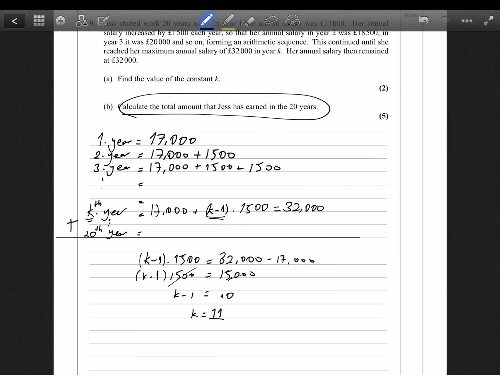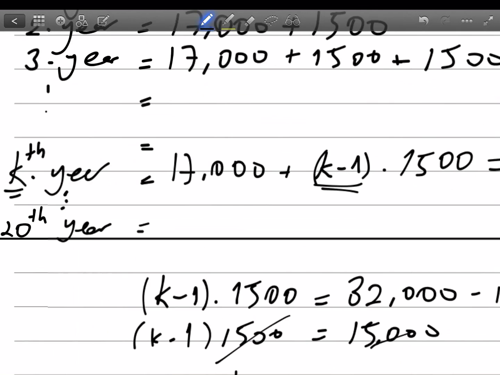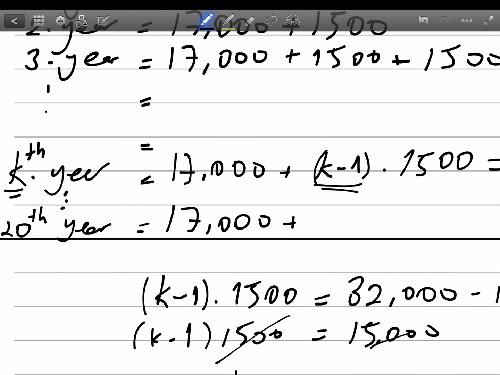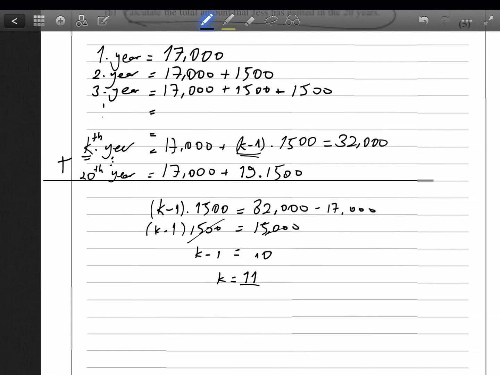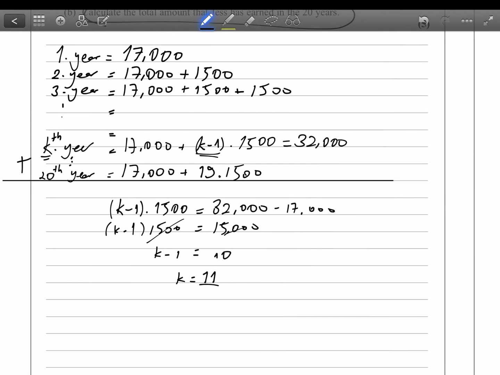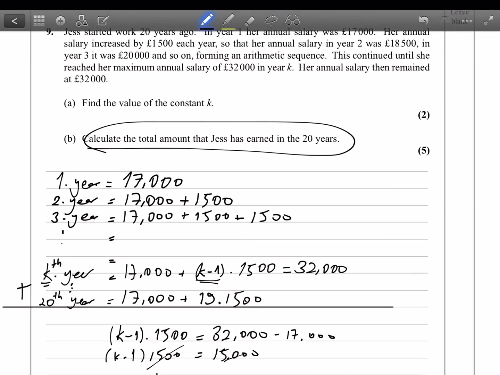Her money, we don't know. 17,000 plus 19 times 1,500, and the total number will be huge money, but how to calculate this in an easy way?